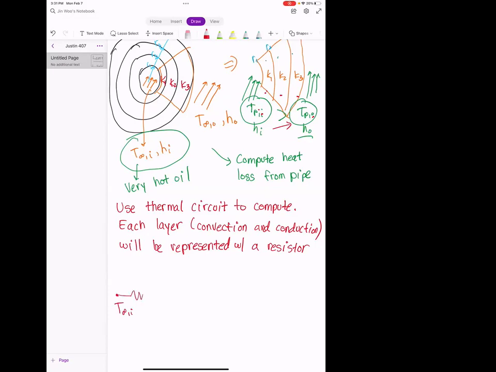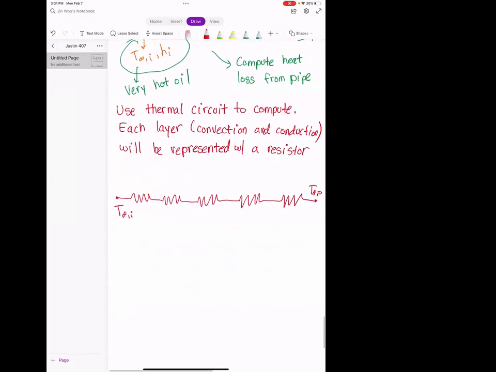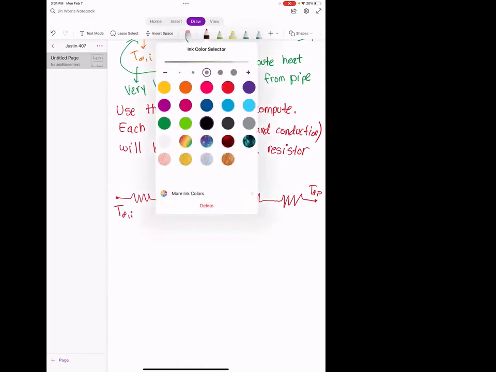Okay. Right. Then we have our 5 resistors, and then we have T infinity O. Right. And so heat's going to move from left to right. Okay. And so we're going to need to compute what each of these resistors in the middle are.